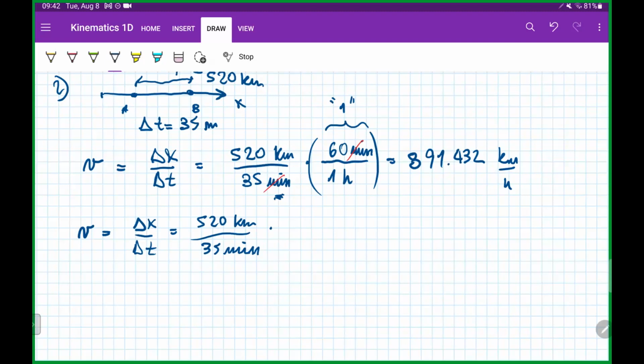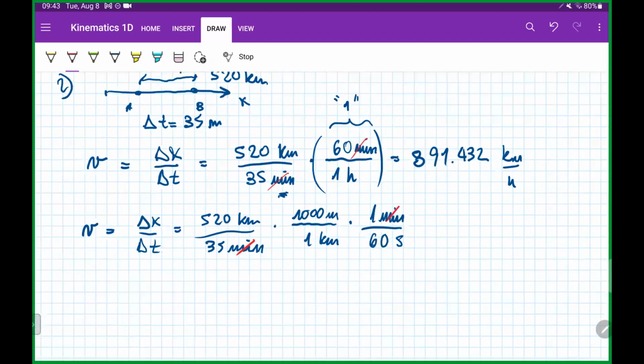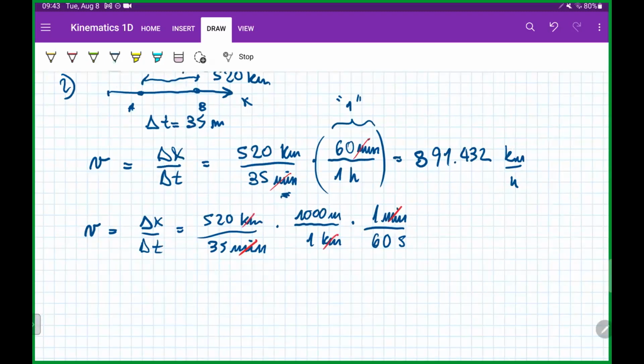We need kilometers at the bottom, so we have 1 kilometer, and we have 1,000 meters up here. And we need to go from minutes, so we have 1 minute and 60 seconds. We need seconds down there. So if we get rid of these two, that will give us 247.62 meters per second.